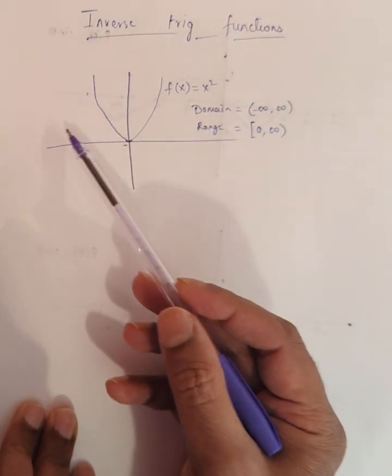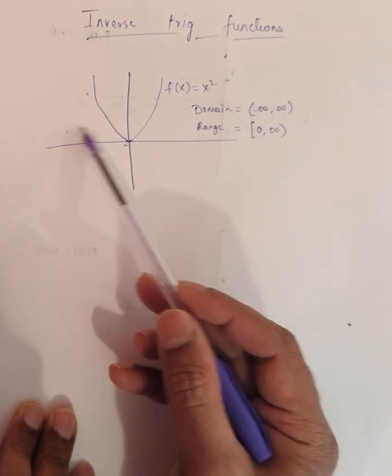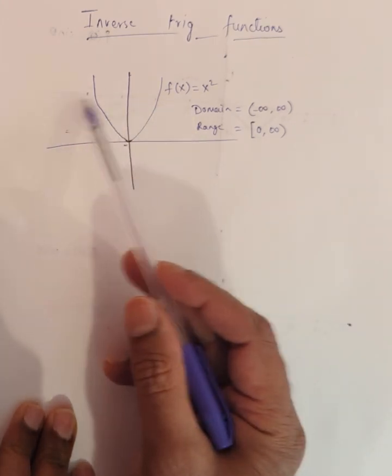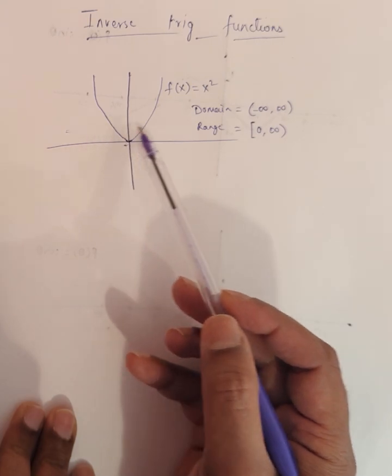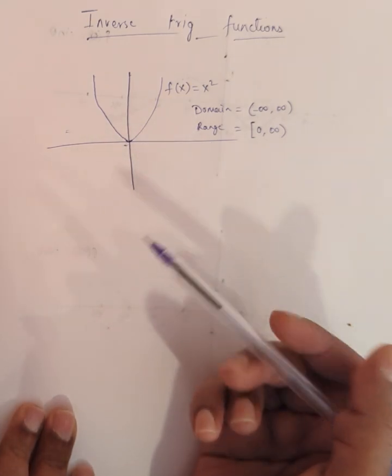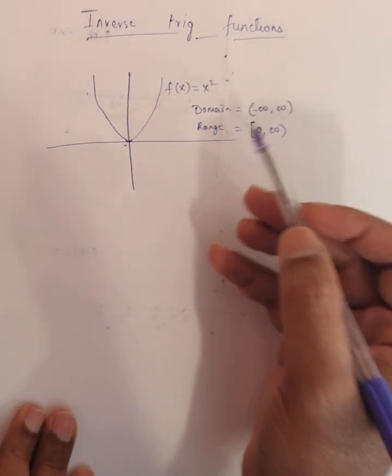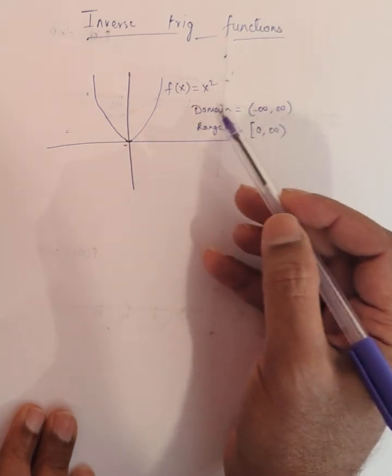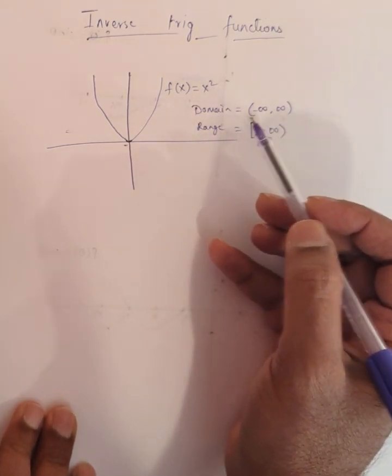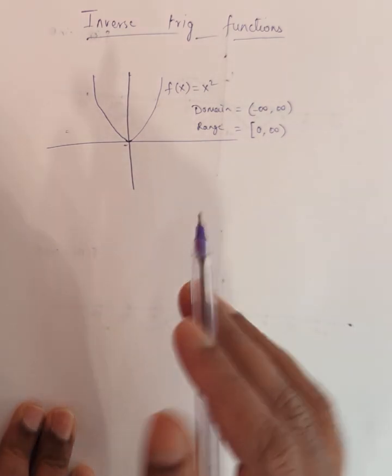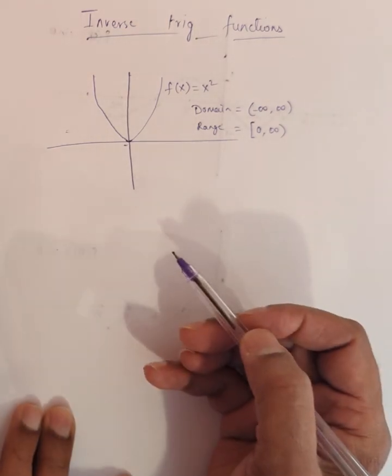And you can see that this function does not pass the horizontal line test. There are so many horizontal lines that cut the graph in more than one point. So in the regular square function where the domain is negative infinity to infinity, this does not have an inverse.